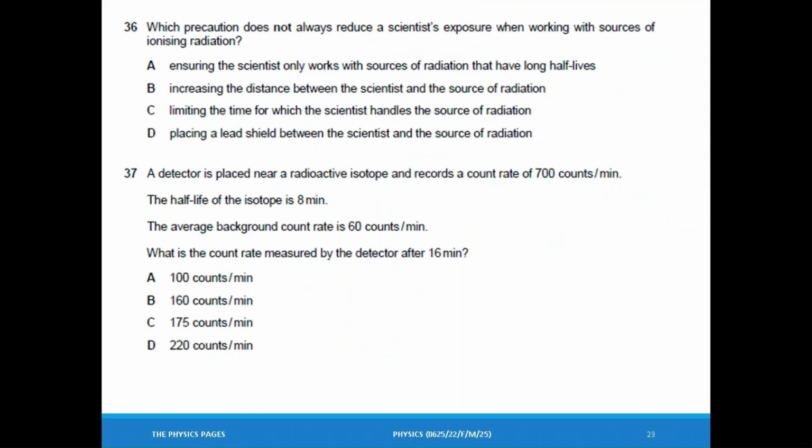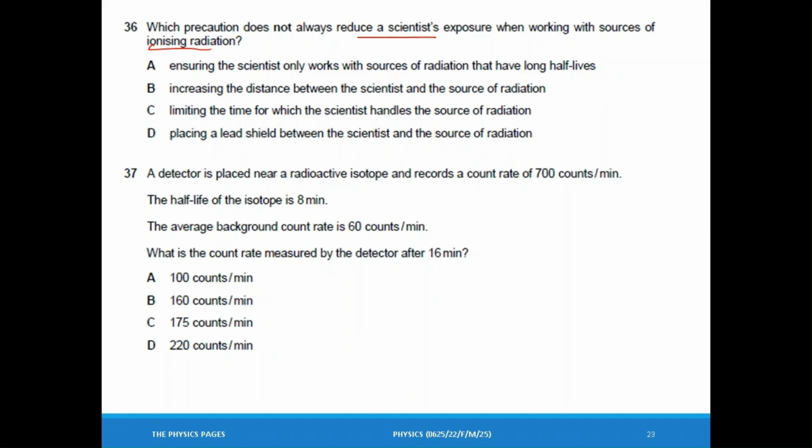Which precaution does not always reduce the scientist's exposure when working with ionizing radiation? Ionizing radiations are very harmful for the person working inside the lab, a scientist. Whenever we increase the distance, it will still reduce the effect.